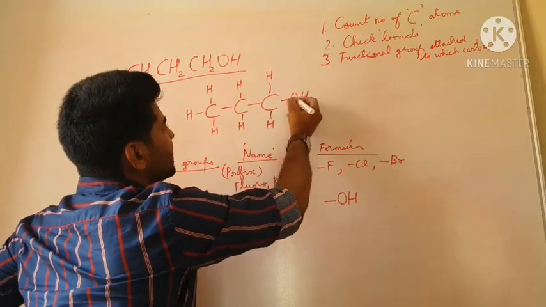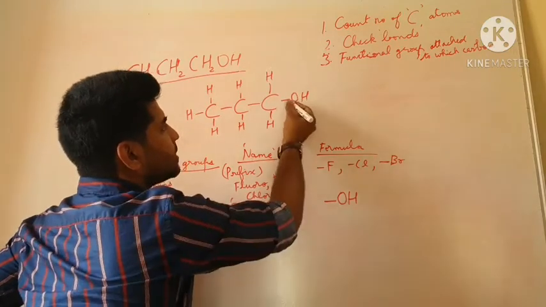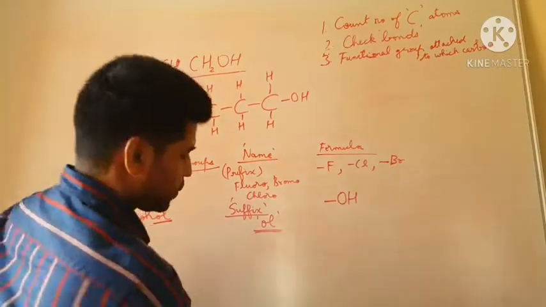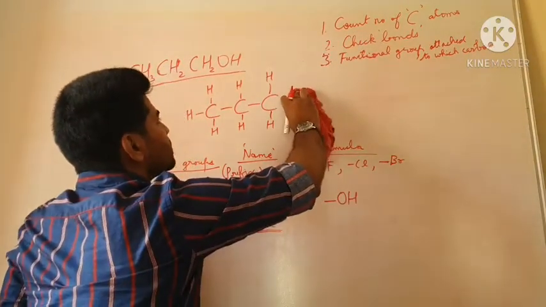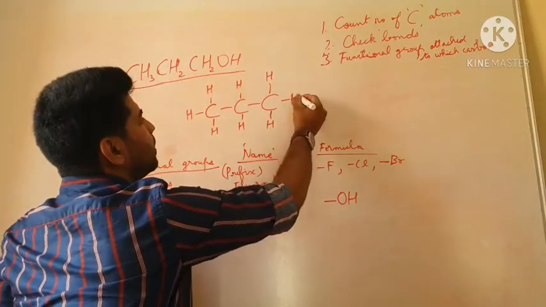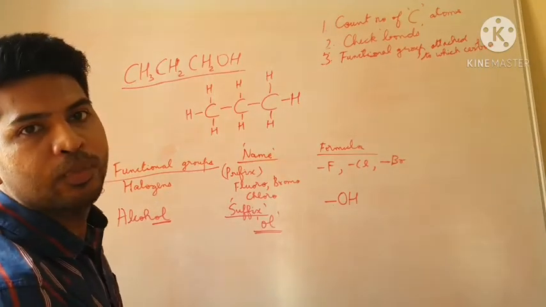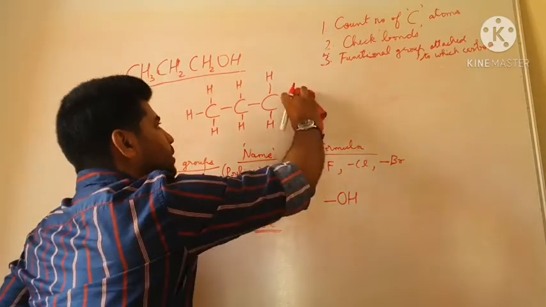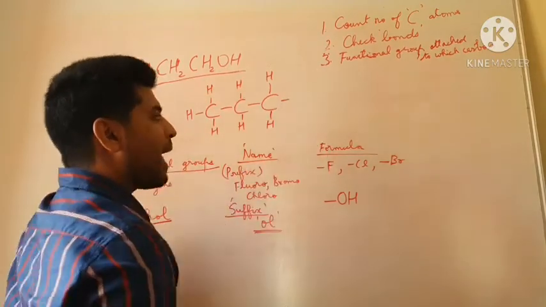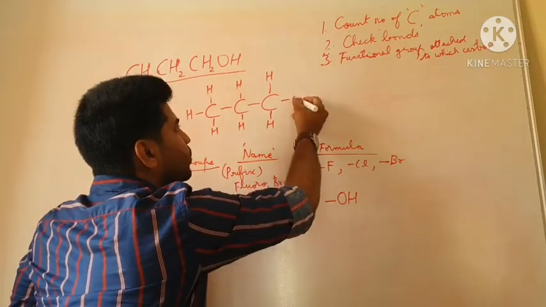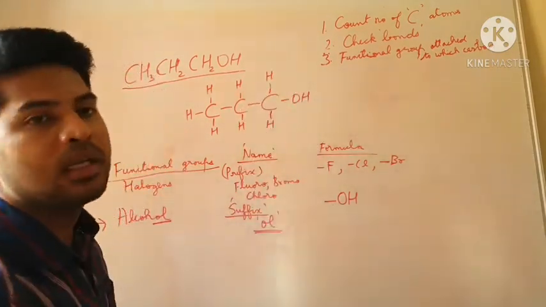The OH group is attached with the single valency. If this OH group was not there, there would be a hydrogen. So the hydrogen atom is removed, and in its place this OH group will come and fulfill the valency.